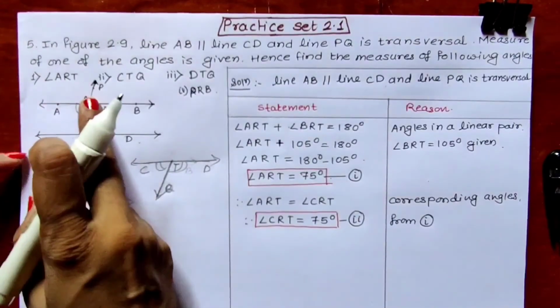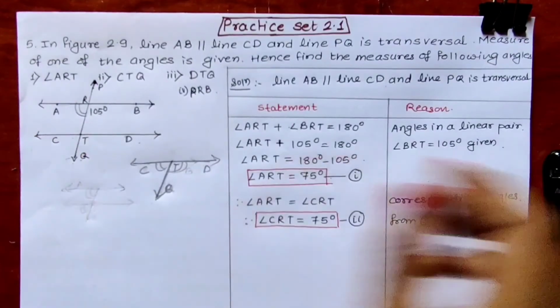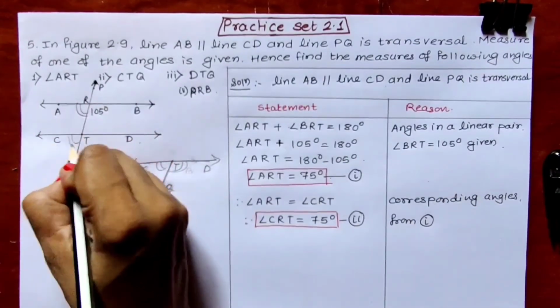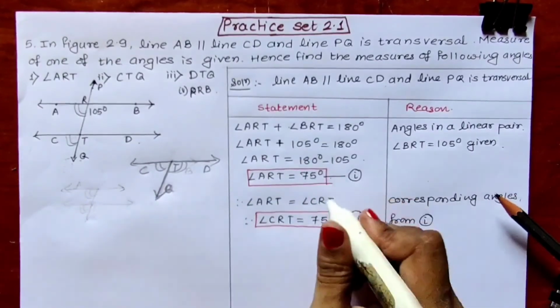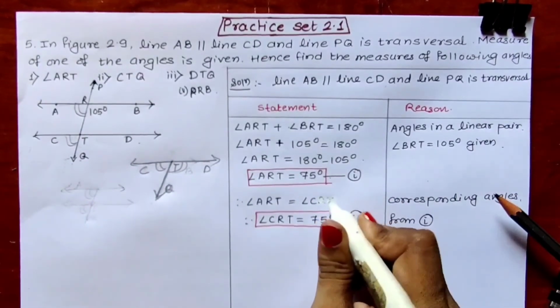See children, angle ART and angle CTQ are corresponding angles. While writing the name, I have made a mistake over here. So I should write CTQ.